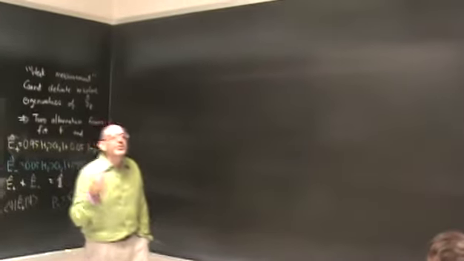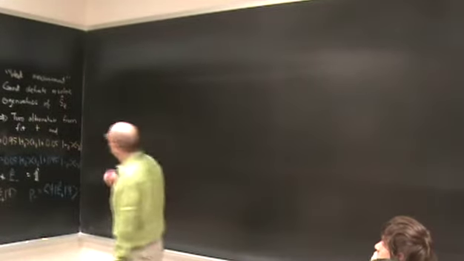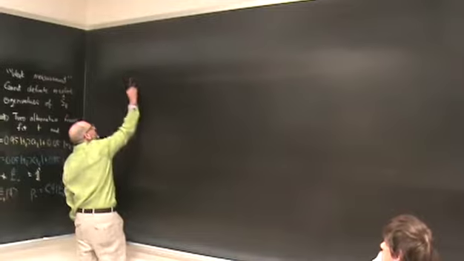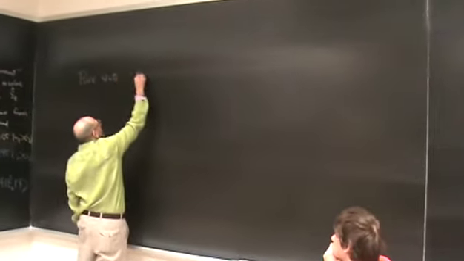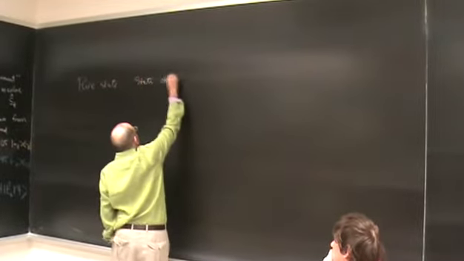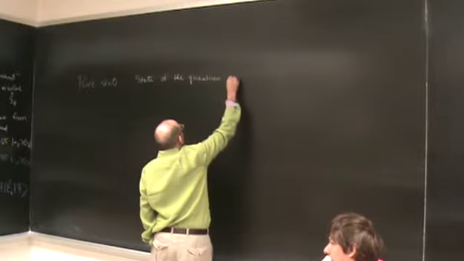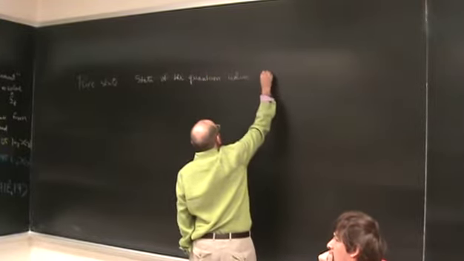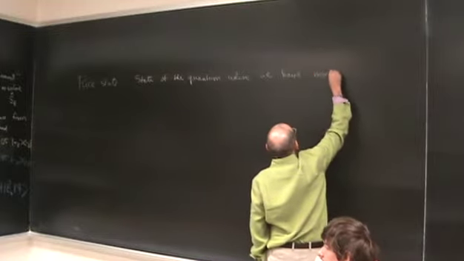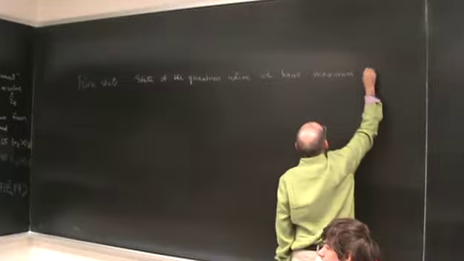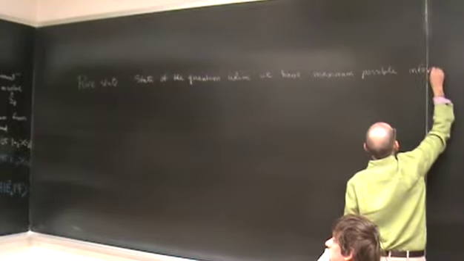We loosely defined a pure state. We said a pure state was a state of the quantum system where we have maximum possible information consistent with quantum mechanics.